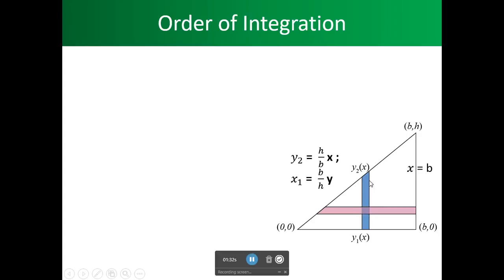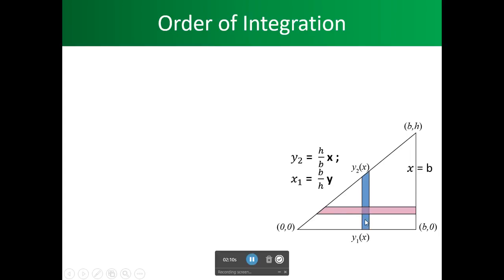where you have your dy dx. What we want to do is take this little piece here, I call it a sliver, and we're going to start off here and keep going all the way across till we get to x equals b, from 0 to b.